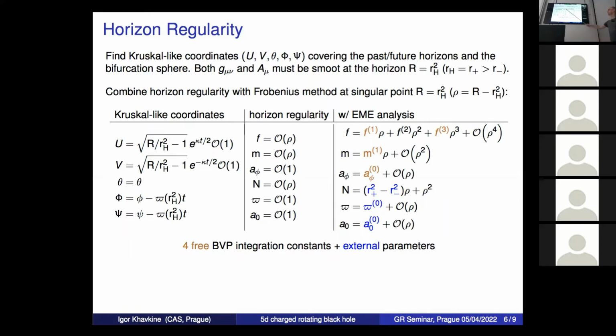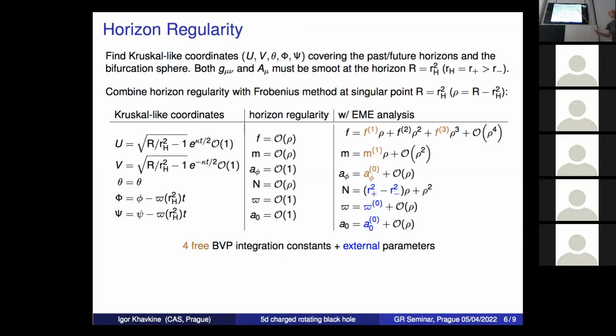All right, so when you translate this regularity property, basically a smooth Taylor expansion at every point of the horizon, including the bifurcation sphere, you get these asymptotic conditions on the parameterizing functions, where for brevity I denote by rho this difference here, which is 0 at the horizon.